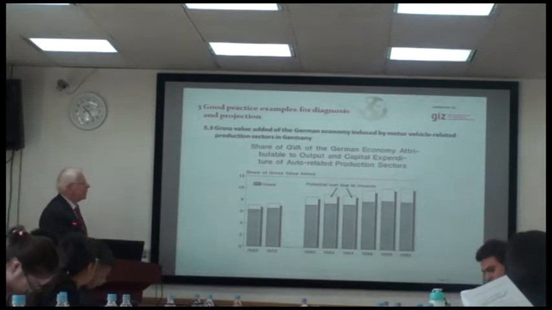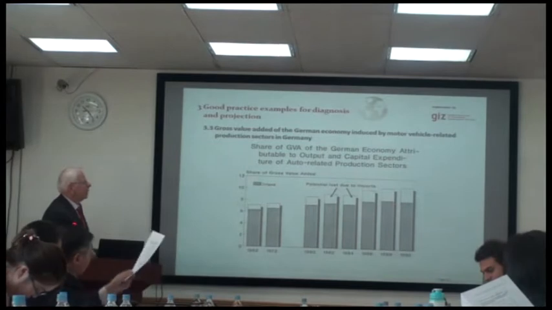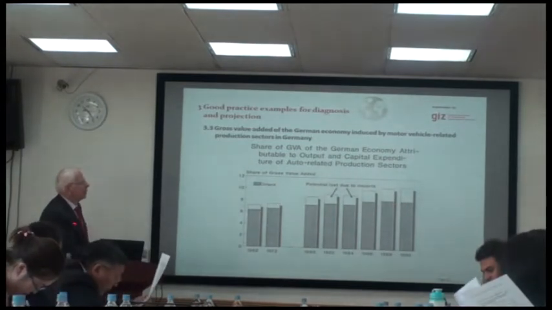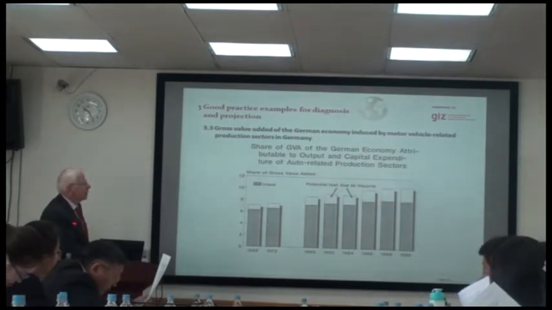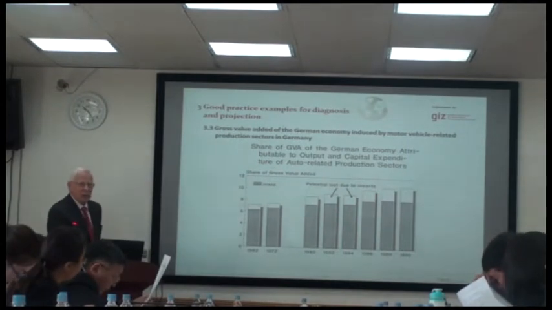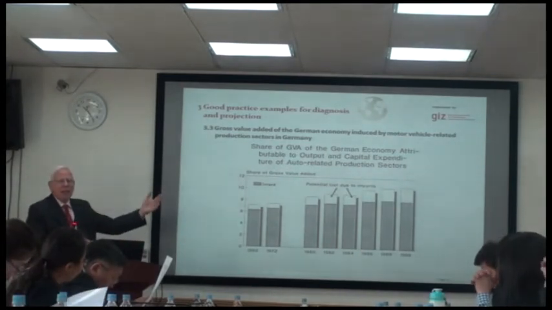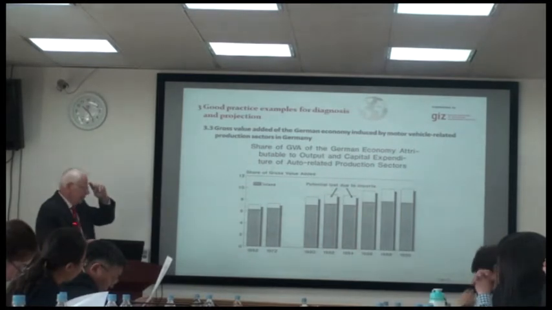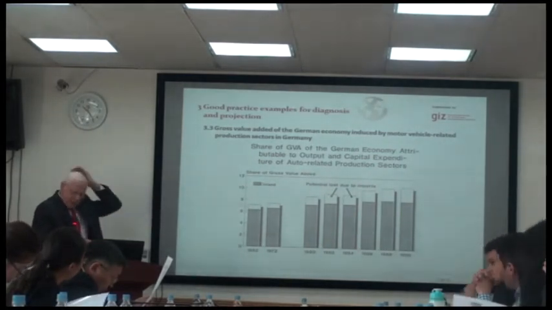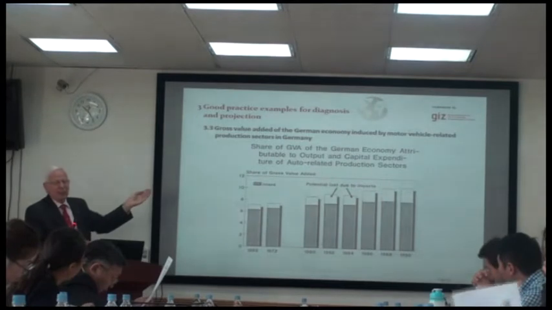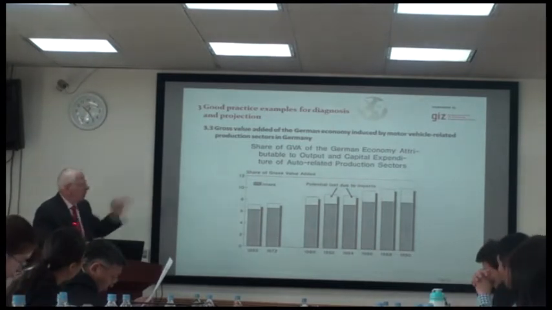The backward effect, they are imported, but according to the imports, you are losing gross value added in your own country, because the products are not produced in Mongolia, but they are produced abroad. So the gross value added has been created in the other countries and not in Mongolia, and here not in Germany.